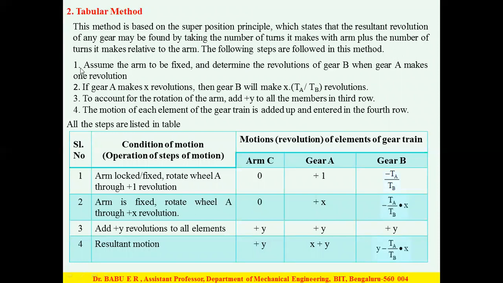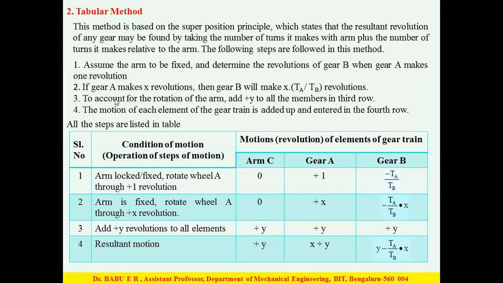The first step: we have to assume the arm to be fixed, and we have to determine the number of revolutions of gear B when gear A makes one revolution. Go to the second step.